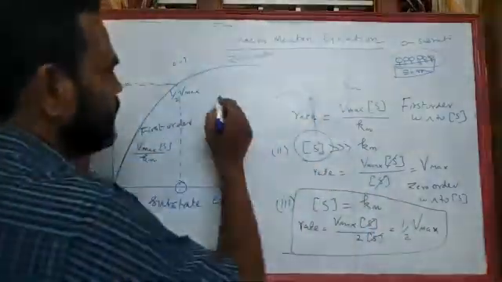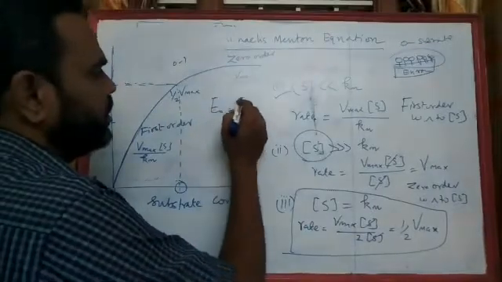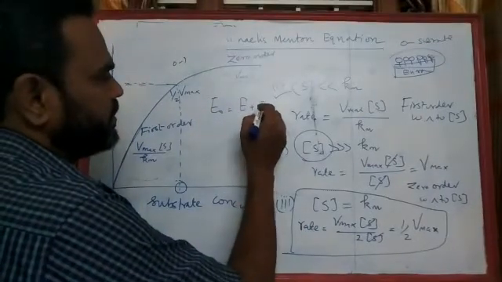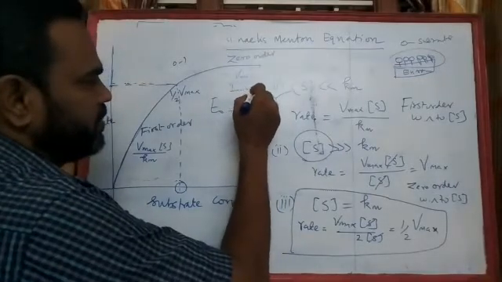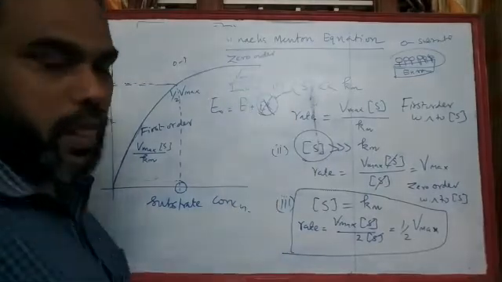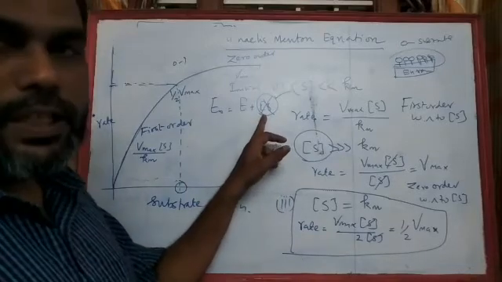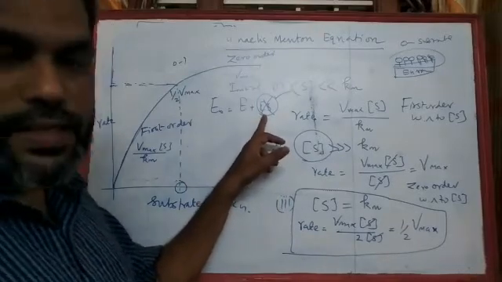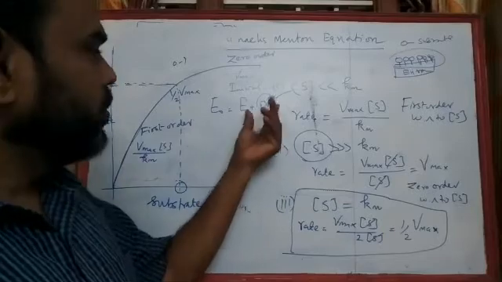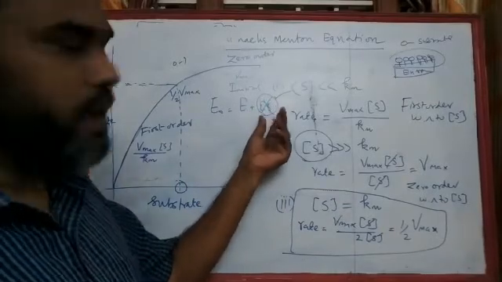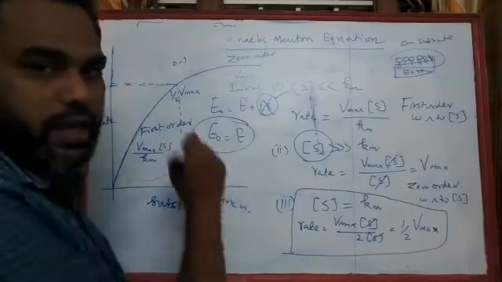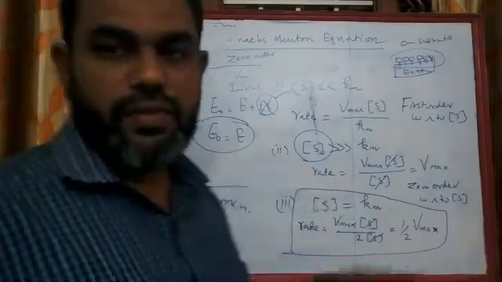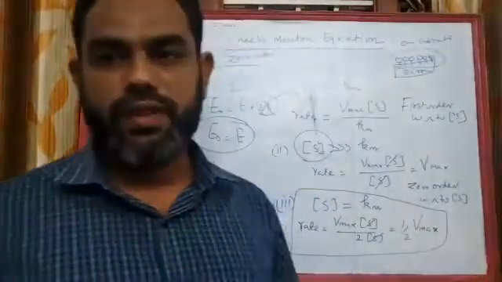So total enzyme E0 equals E plus ES. At the initial stage, before the substrate reacts with the enzyme, the enzyme-substrate intermediate complex may not be available, so E0 becomes equal to E. In this case, a lot of free enzymes are available.